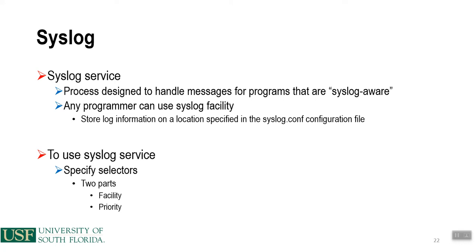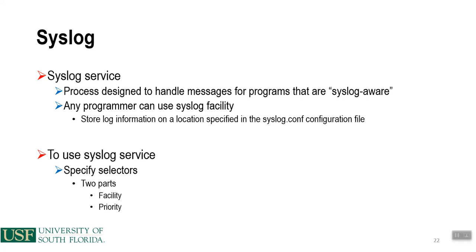A syslog service is a process designed to handle messages for programs that are syslog aware, and any programmer can use a syslog facility. These store information in a location specified by the syslog configuration file. To use a syslog service, you have to specify selectors.